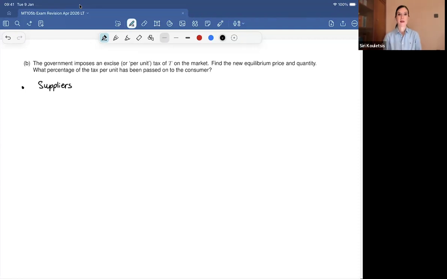So take a moment to think about what changes now that we have the excise tax. Suppliers now see an effective price of P minus T. And I'm writing that down here also because we're doing revision.